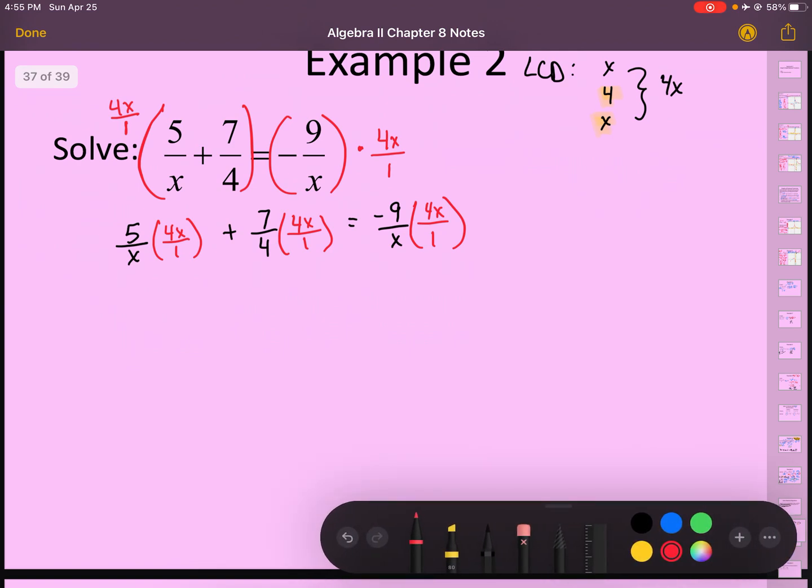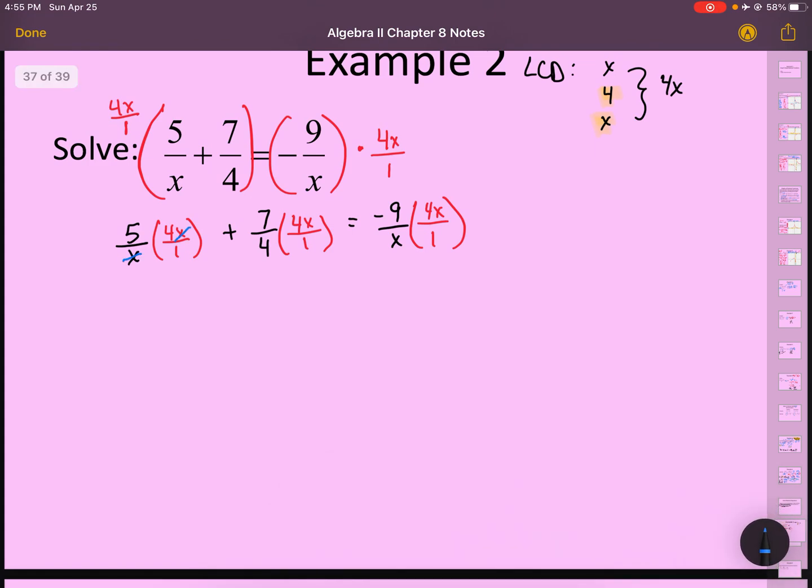Okay, so now if we look at each one individually, the x's will go away here, so we're just left with the numerator times itself, so that's just 20, plus, well, the 4's can go away here, and it's still all over 1, so this is just 7x if we multiply straight across, equals, well, the x goes away here, the denominator's still 1, and negative 9 times 4 is negative 36.